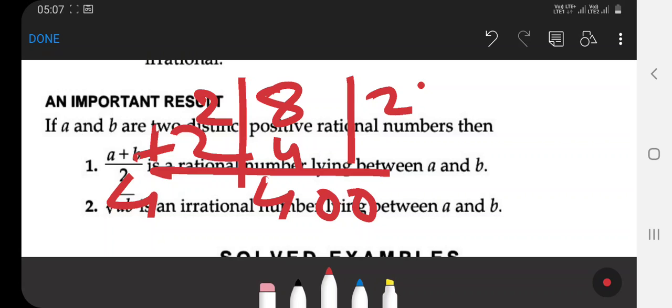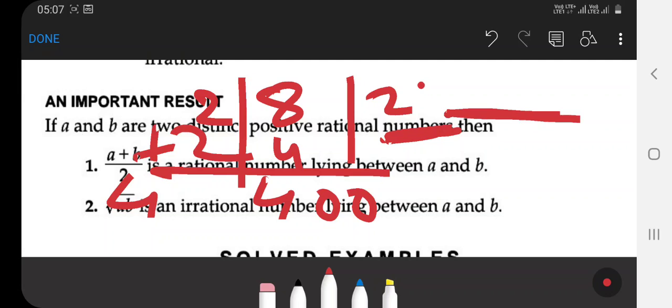Given that the whole number is 2, the other part is the decimal.